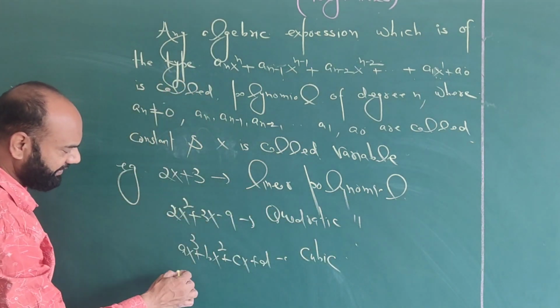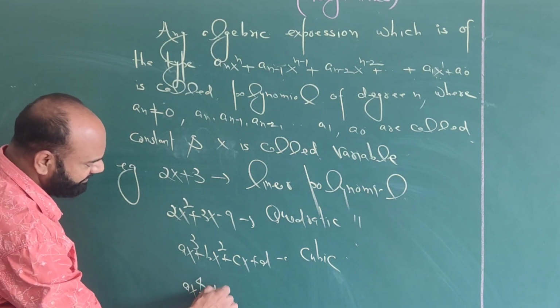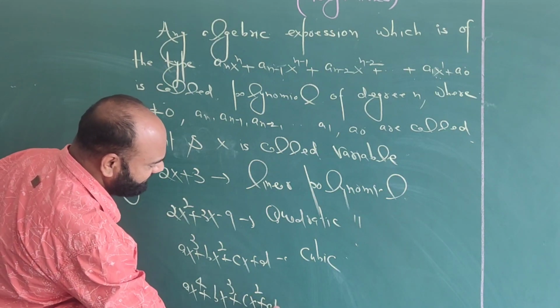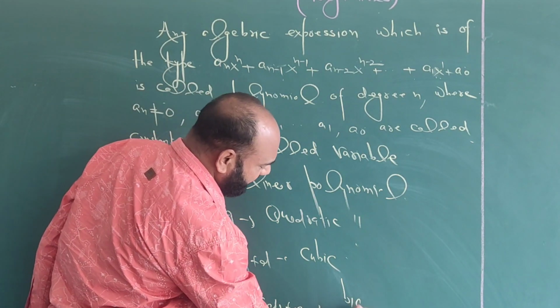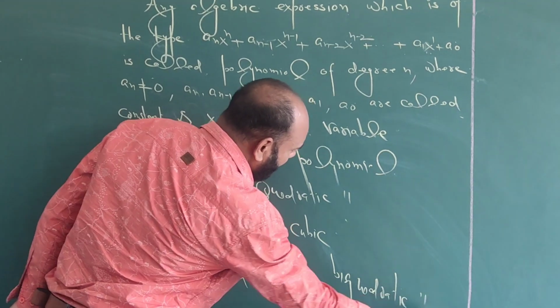And when highest power is 4, example ax4 plus bx cube plus cx square plus dx plus e, then it is called biquadratic polynomial.